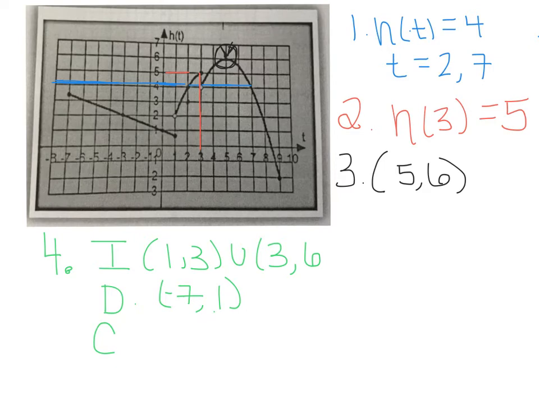Nope, sorry, I think that's a 5. From 3 till 5. Let me fix that. Cross it off. From 3 to 5.